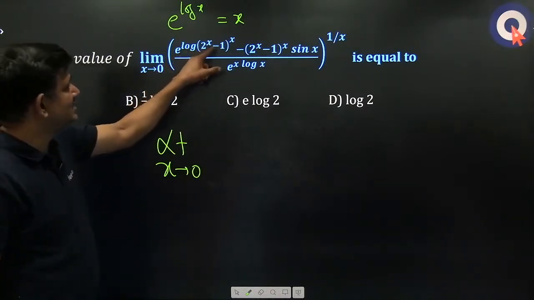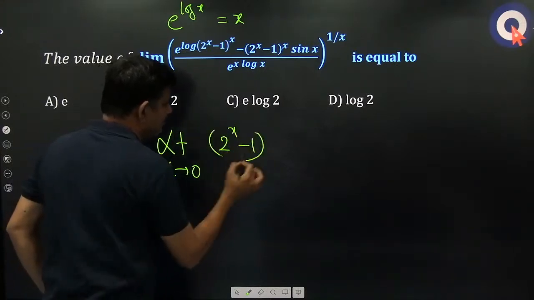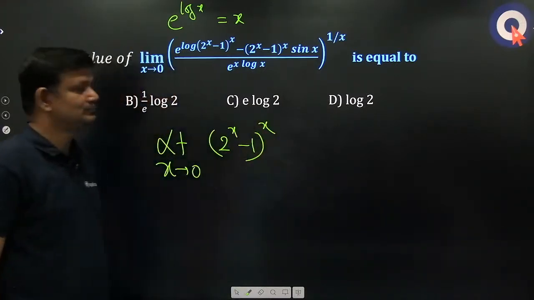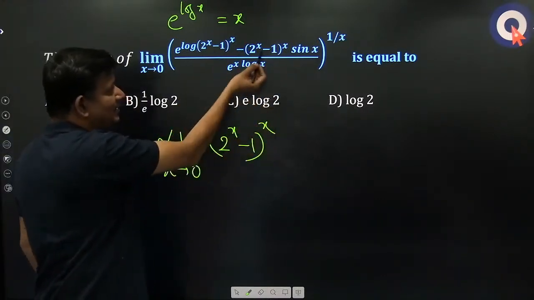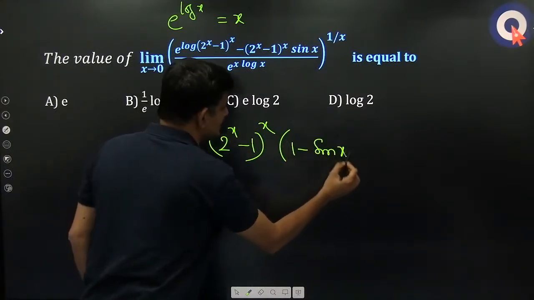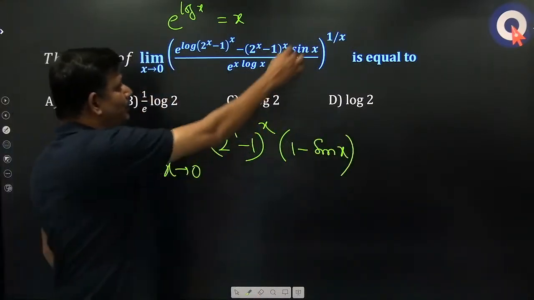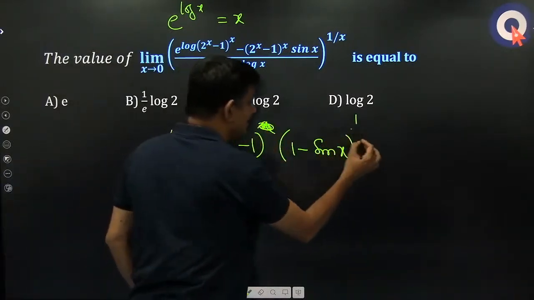So e power log x is x. So the first part is 2 power x minus 1 whole power x. And that is coming common from the numerator into 1 minus sin x, whole power 1 by x. So whole power 1 by x, this x gets cancelled and here it is 1 by x.